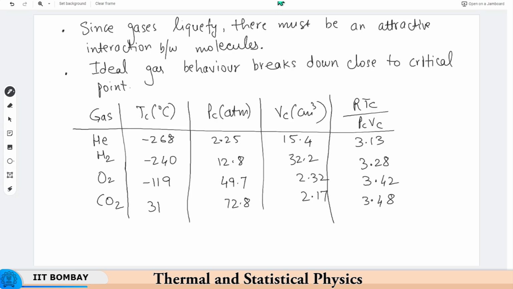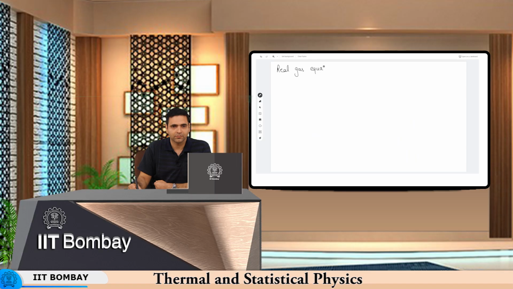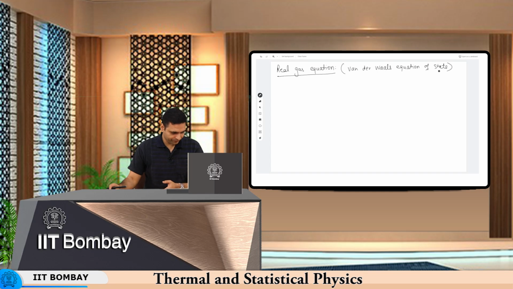Okay, so let's jump to what's known as the real gas equation, also known as the van der Waals equation of state. Again, we'll work this out under a few assumptions.